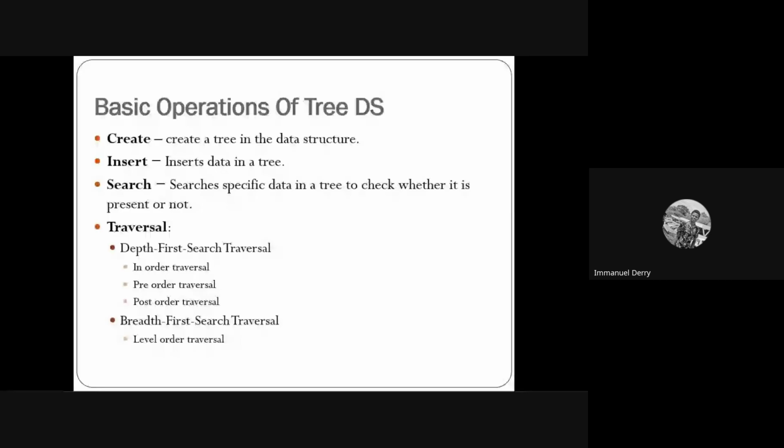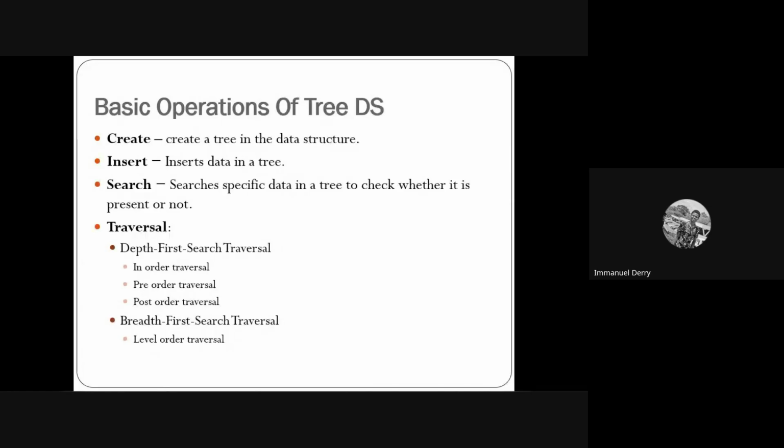All right. So as usual, let's talk about some basic operations of a tree data structure. We can create a tree. We can insert data in a tree. We can search, where we are looking for specific data in a tree, whether it's found or not found.